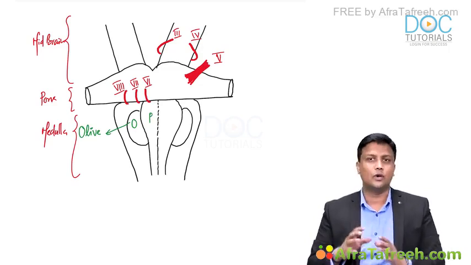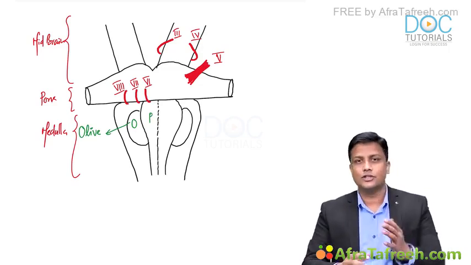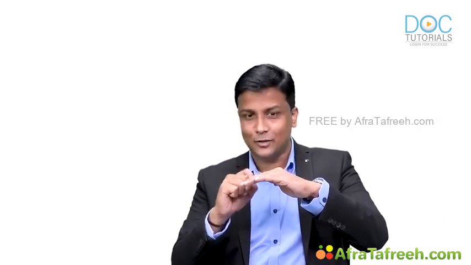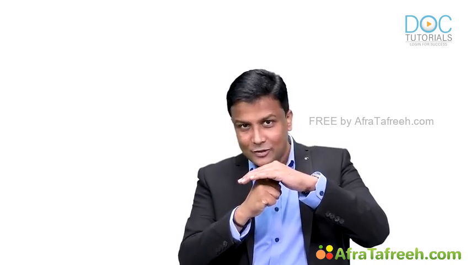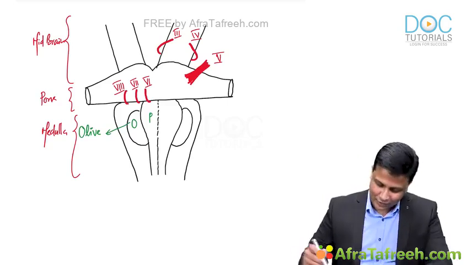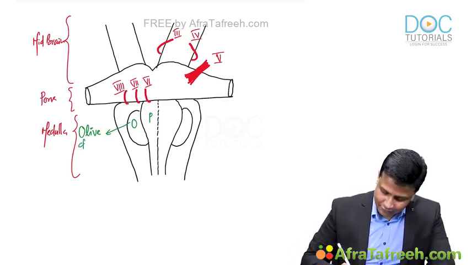You need to even know the reason for that elevation, the olive. If this is the olive elevation, beneath it you'll find one nucleus, the inferior olivary nucleus. Because of that inferior olivary nucleus beneath, I am able to see the elevation on the surface. So what is the reason for the olive here? The olive is due to the inferior olivary nucleus.